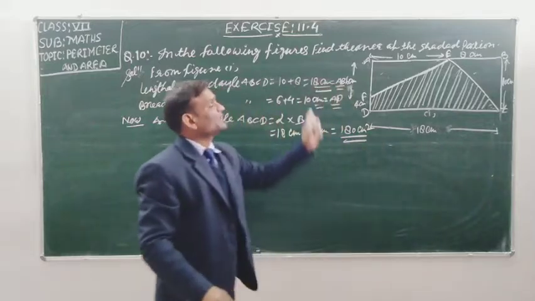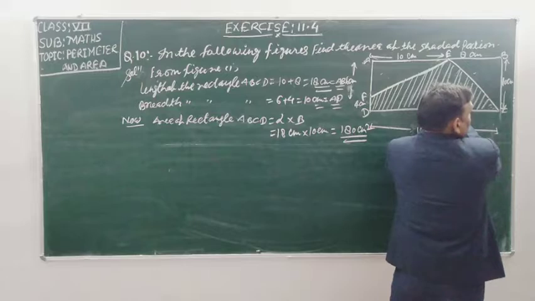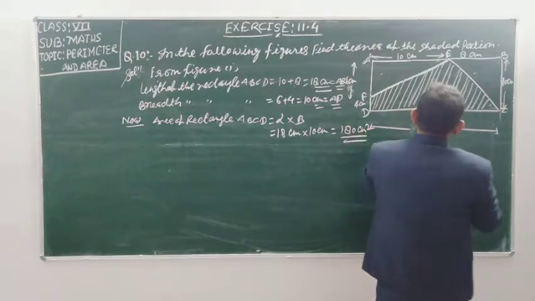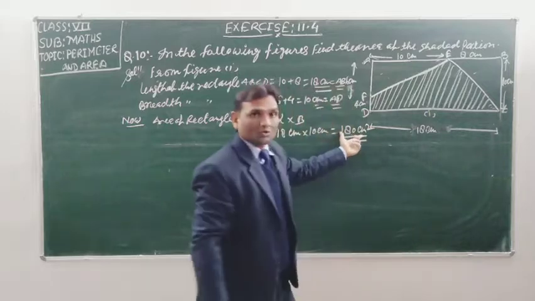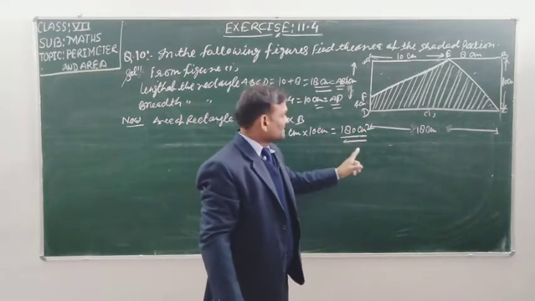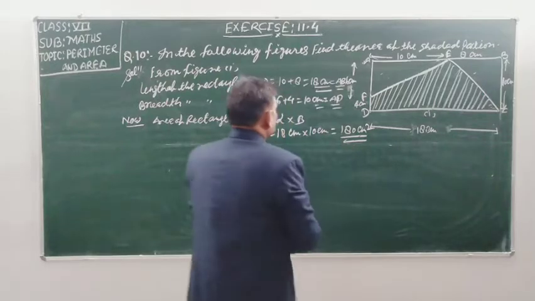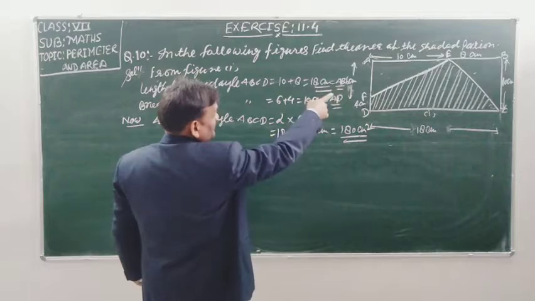This is the area of the rectangle ABCD. Total area, students. In this area, the shaded portion and the unshaded portion are both included, 180 centimeter square. After this, we need to find the area of triangle AEF.